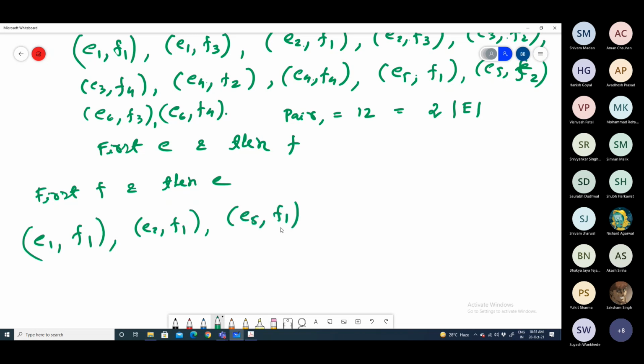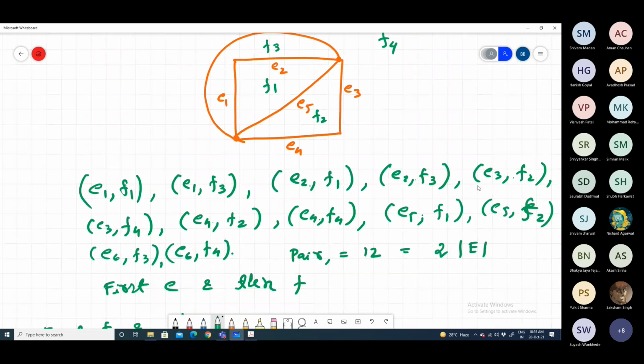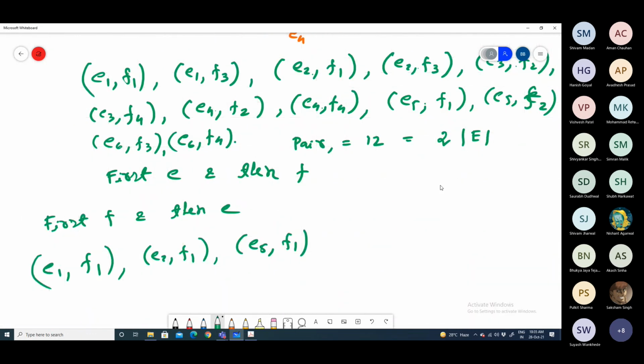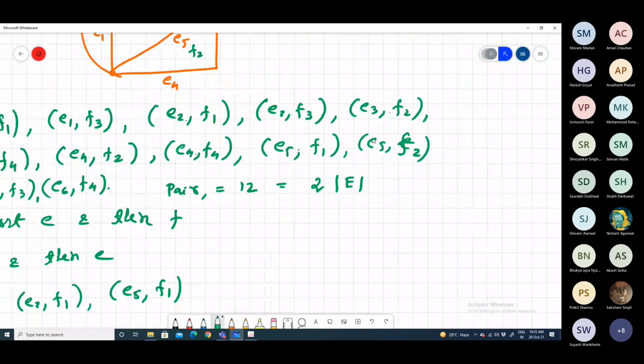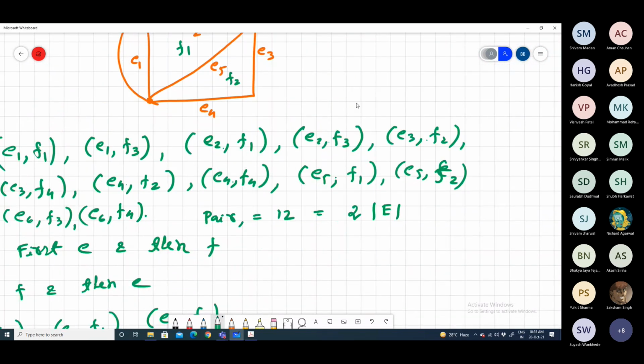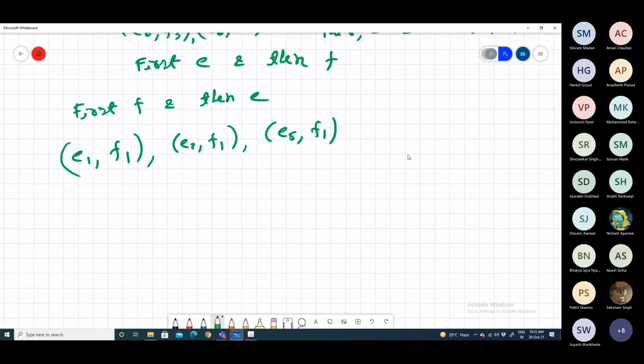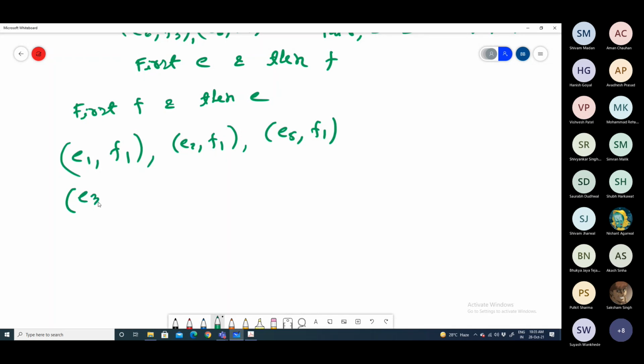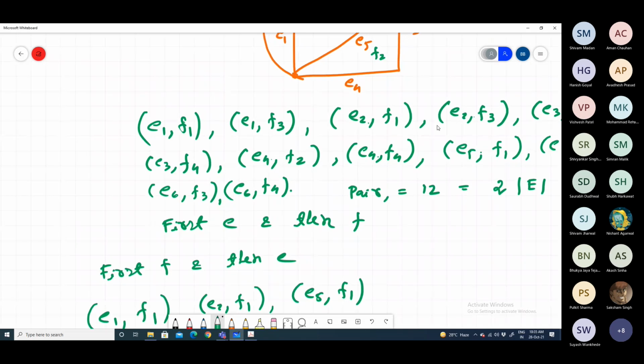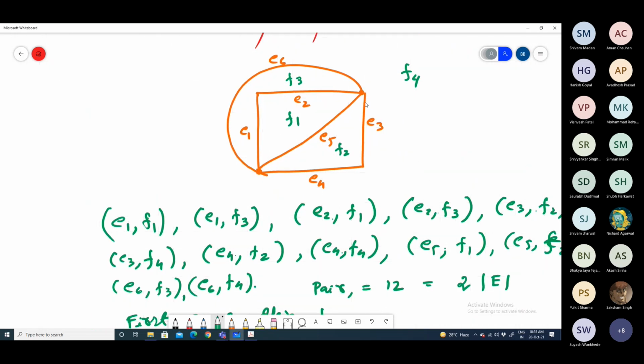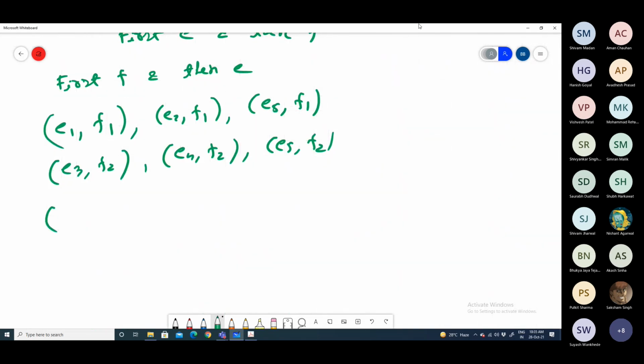This is for F1. And similarly for F2 we have again 3: E3, E4, E5. Right. For F3, we have E1 to E6.